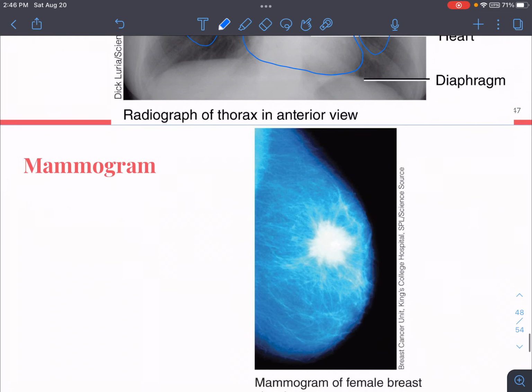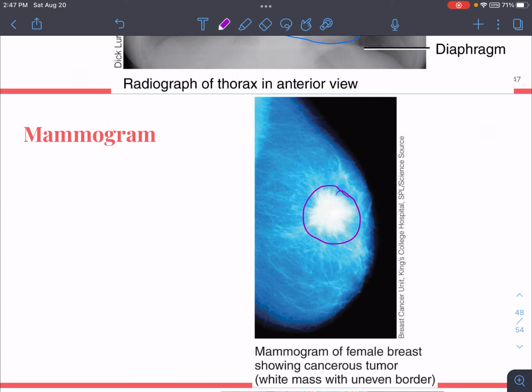Mammogram. Here is a mammogram of a female breast. And as you can see, that nice lit up, very bright spot, that is a cancerous tumor in somebody's breast.